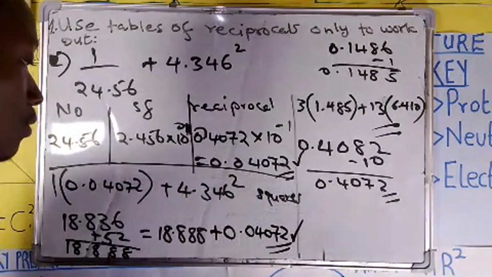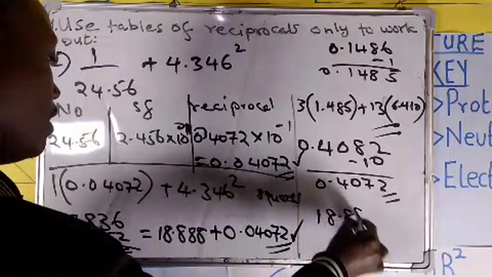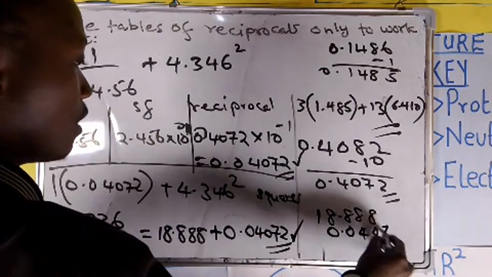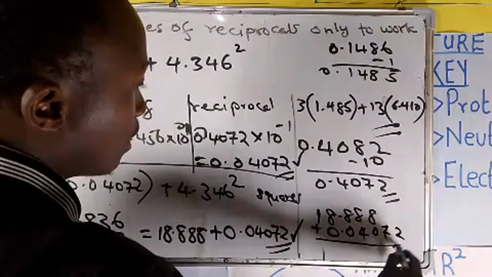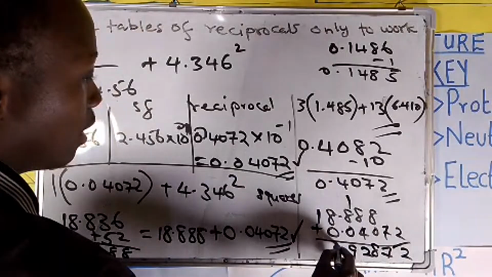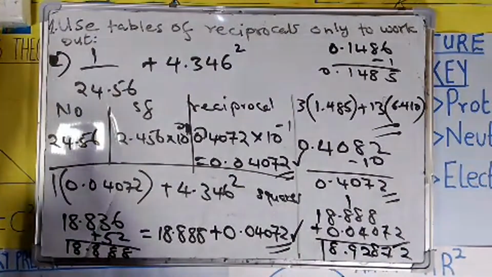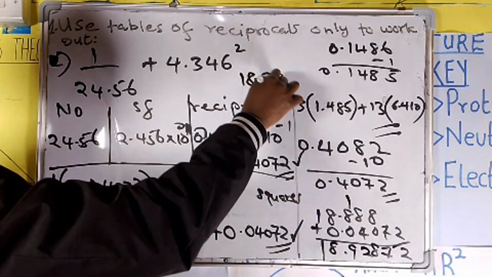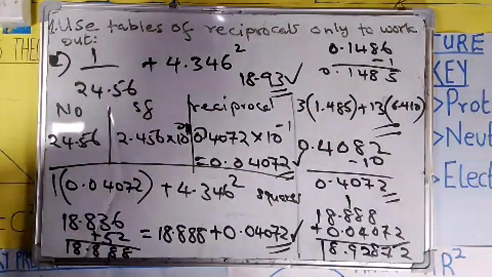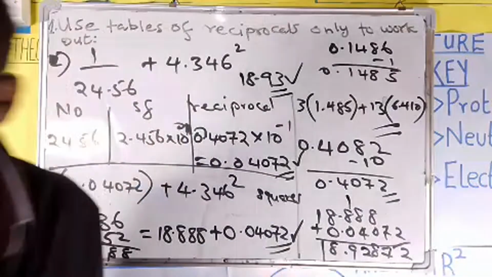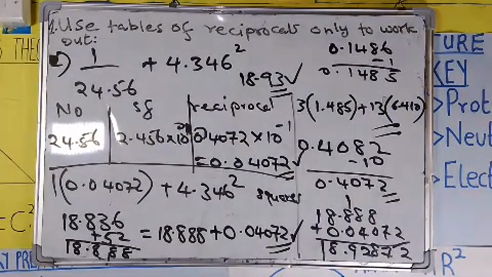Once we add the two, we will get 18.93 when rounded off to four significant figures. It will be 18.93.